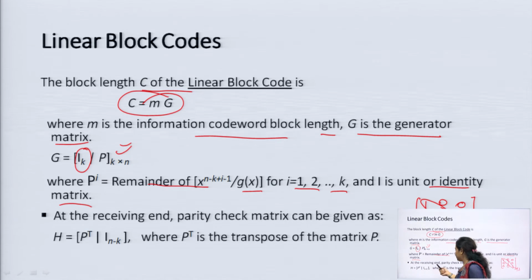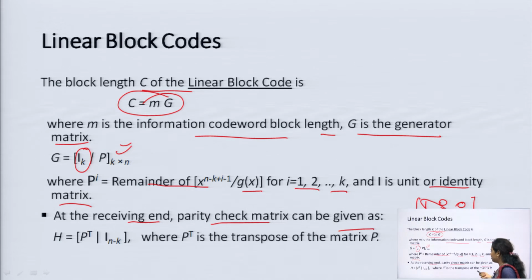Now, next at the receiving end. This matrix or this operation will be done at the transmitter side, it is not used at the receiver side. So, at the receiving end, the parity check matrix can be given as H equal to P transpose by I n minus k.